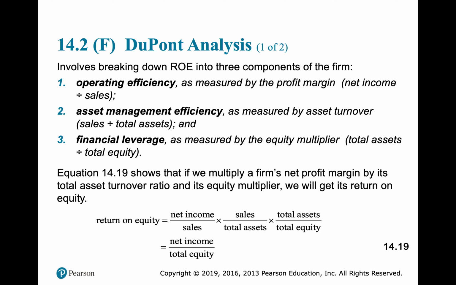Remember, sales is all the money that you generate in a given year, but net income is the true profit that you are able to generate after you remove the cost of doing business. So the higher this ratio is, the more efficiently you are operating. That's one piece of the puzzle.